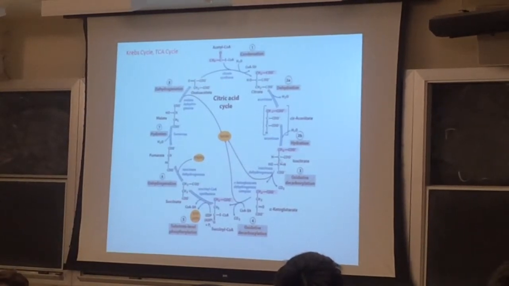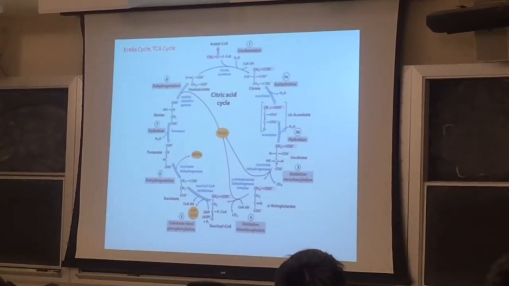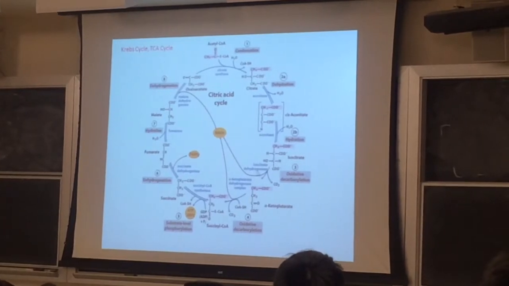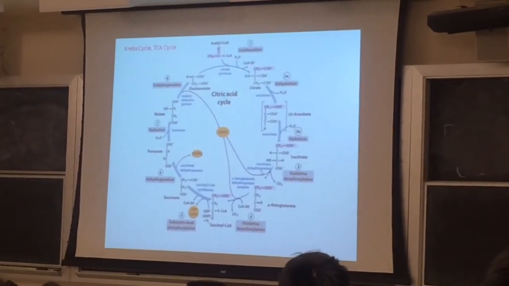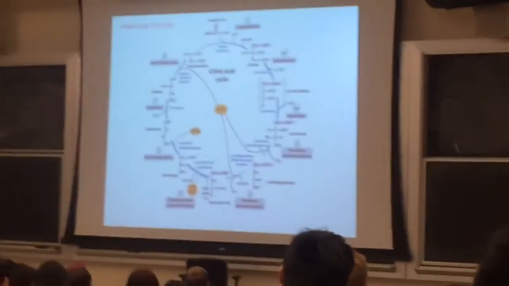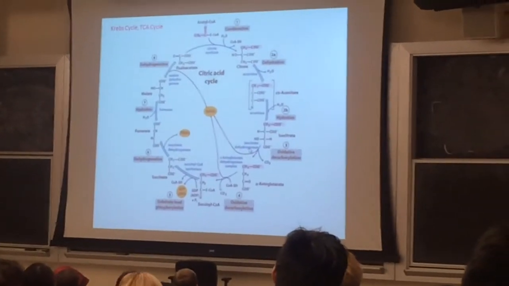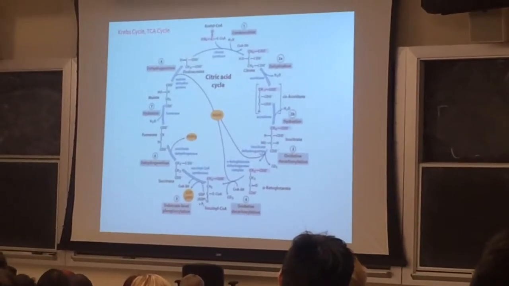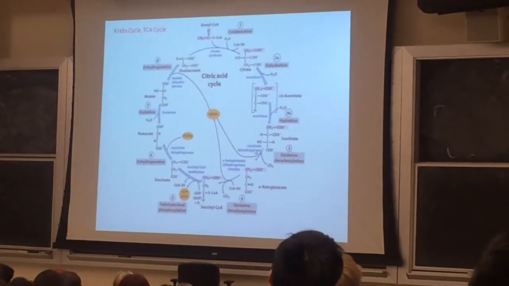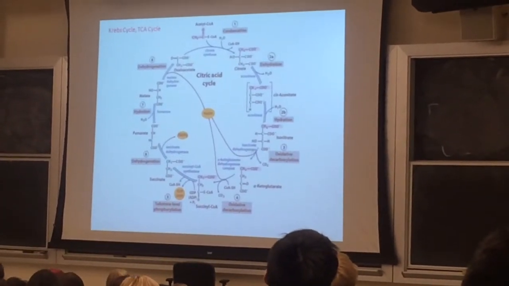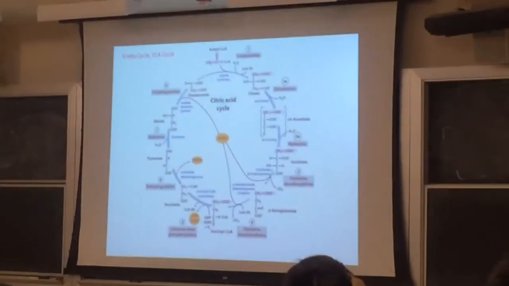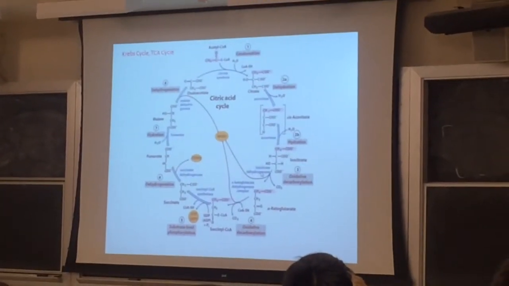Now, here, once you have isocitrate, the next enzyme is a dehydrogenase. And what do dehydrogenases do? They pass electrons onto either NAD or FAD. In this case, one of the reactants, I wish they would show it here, but they show it in a different way.